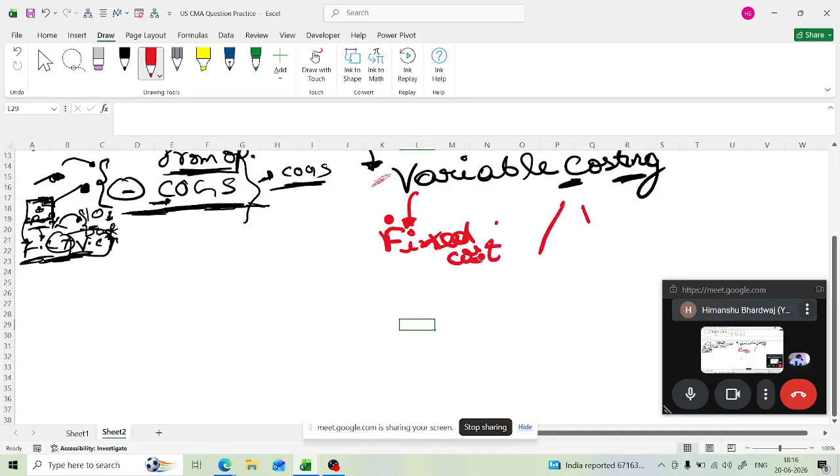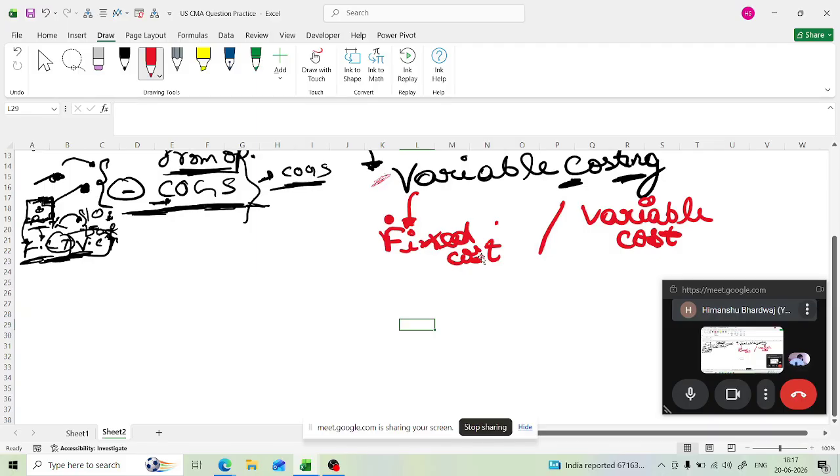I guess I am making sense till now. It is very clear why we are using variable costing and why we are ignoring other costing methods.